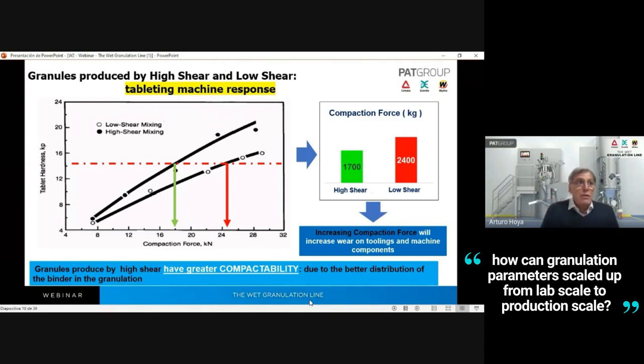If you can try to obtain a very similar swept volume in a pilot scale as in a small scale, maintaining constant these three parameters could be a good way to reach a high probability, I say high probability, of a good scaling up.